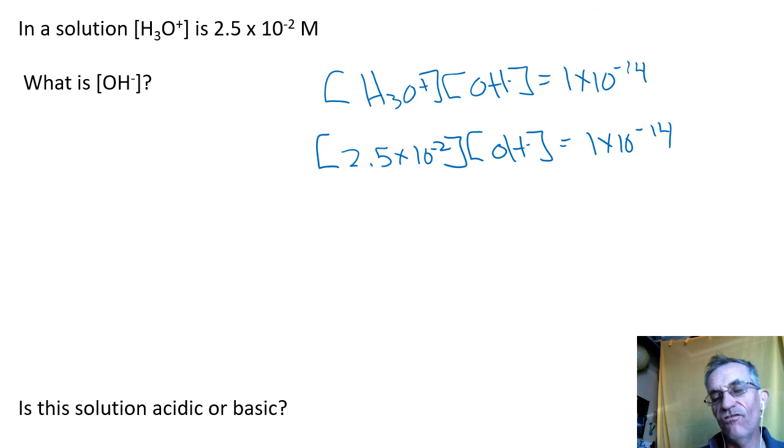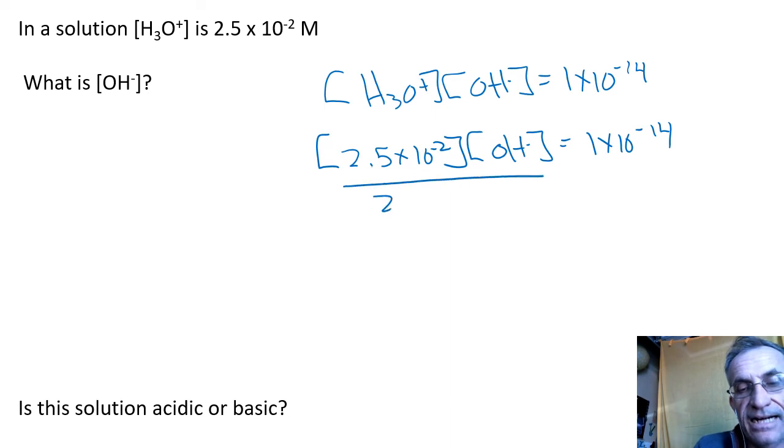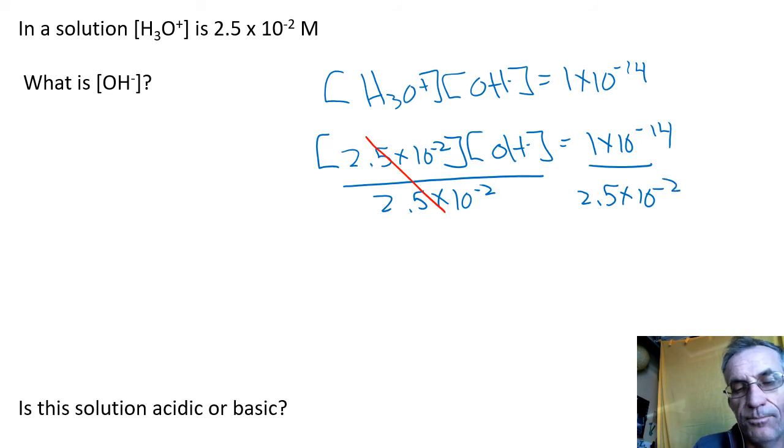The way you would solve for OH, you divide by 2.5 times 10 to the minus 2. When you divide by it, it's going to cancel out. You do it on the left, you have to do it on the right. So you come up with this. OH equals this number.